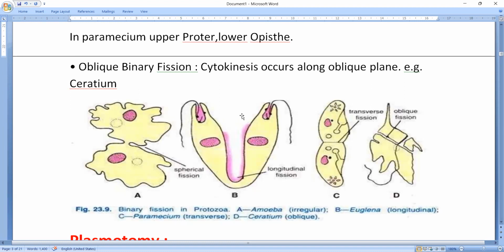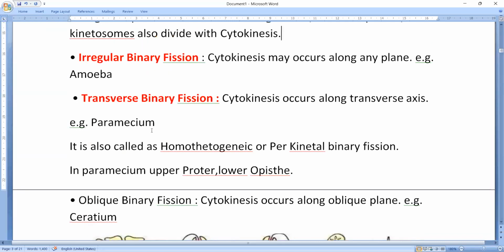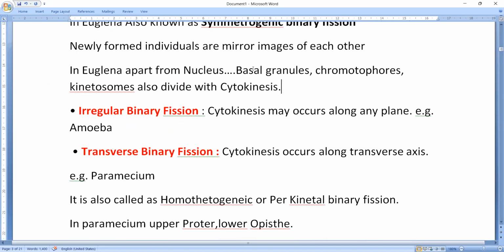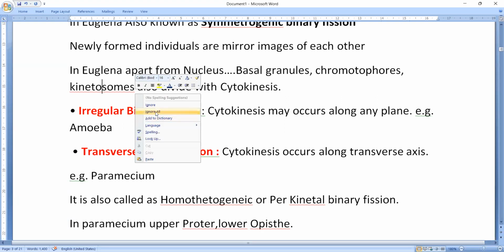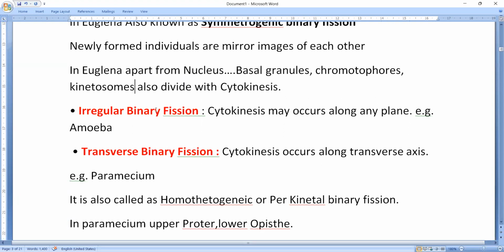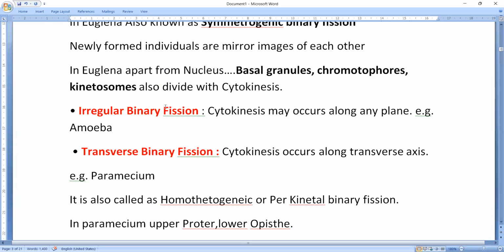The cytoplasm is not simply shared during the division. These parts, like basal granules, chromatophores, and kinetosomes, are also divided. They are not shared as half here and half there; the concept is not sharing. They are also divided and then they are shared. That is an important point. Okay.